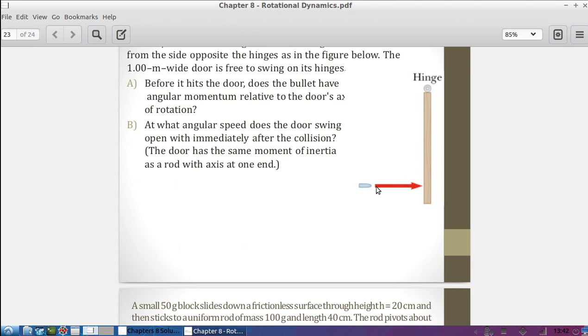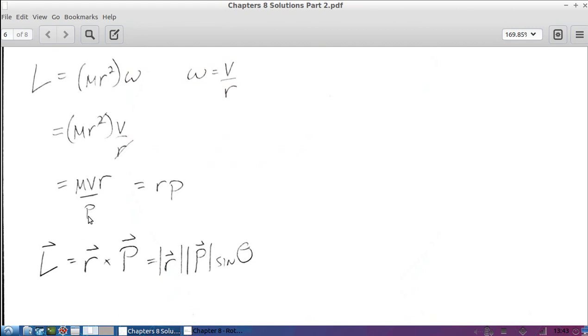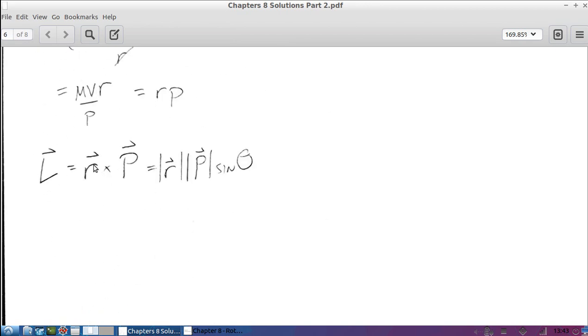It's got a momentum mv in this direction, and it's a distance r from the hinge, my preferred axis of rotation. So I can describe this bullet in terms of its angular momentum. Even though something is traveling in a straight line, it still has angular momentum with respect to some preferred pivot point. So we've got I omega and we've got r cross p.